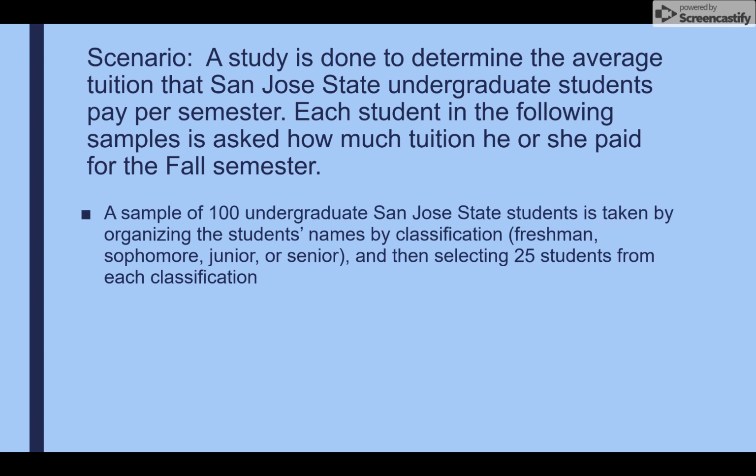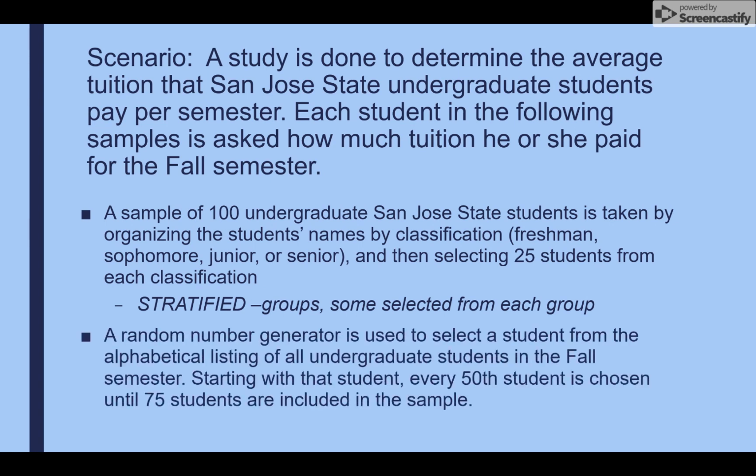Researcher number 1 collects a sample of 100 undergraduate San Jose students by organizing the names by classification, freshman, sophomore, junior, senior, and then selecting 25 students from each classification. I think groups, and then I select 25 or some from each group. So I think that is stratified.